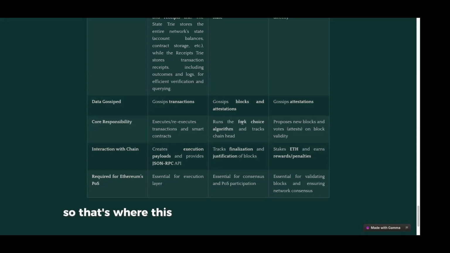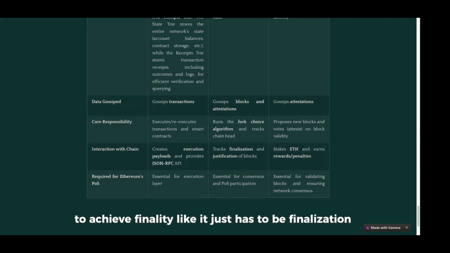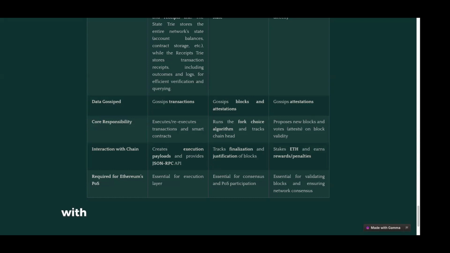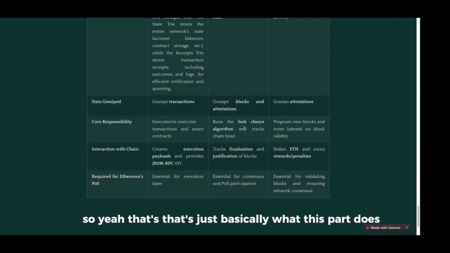That's where this fork choice rule comes in, because at some point the block will want to achieve finality. There just has to be finalization. So with the help of the fork choice rule, the blockchain can then finalize the particular data. That's basically what this part does.